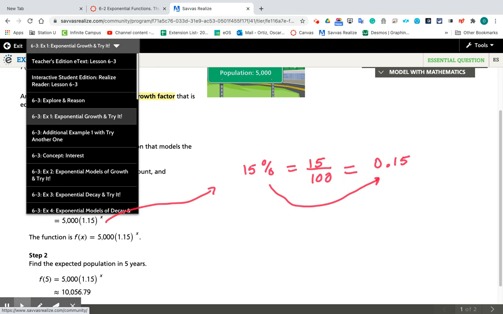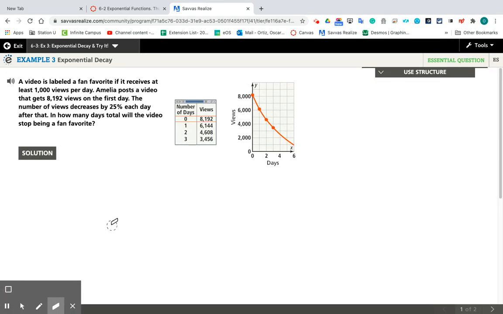Now we want to go quickly to example 3 because that is going to be the example about not increasing but now decreasing. So in this particular case, it is talking about a video and how many views the video has.